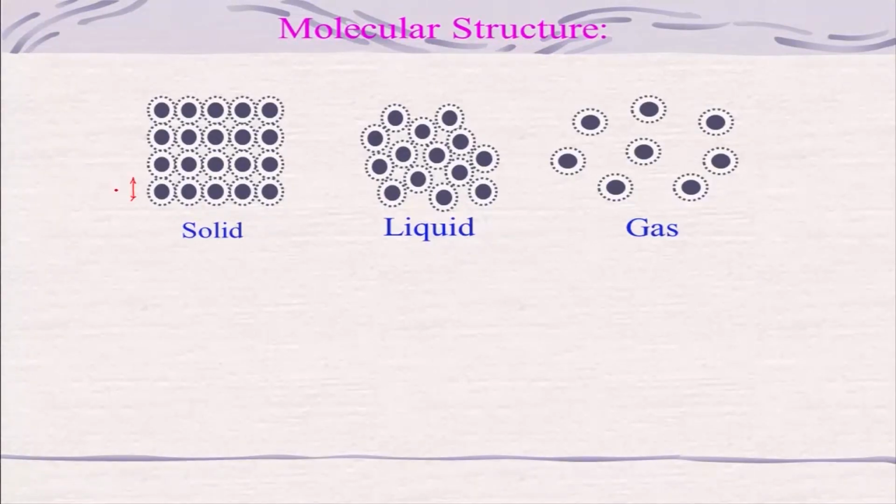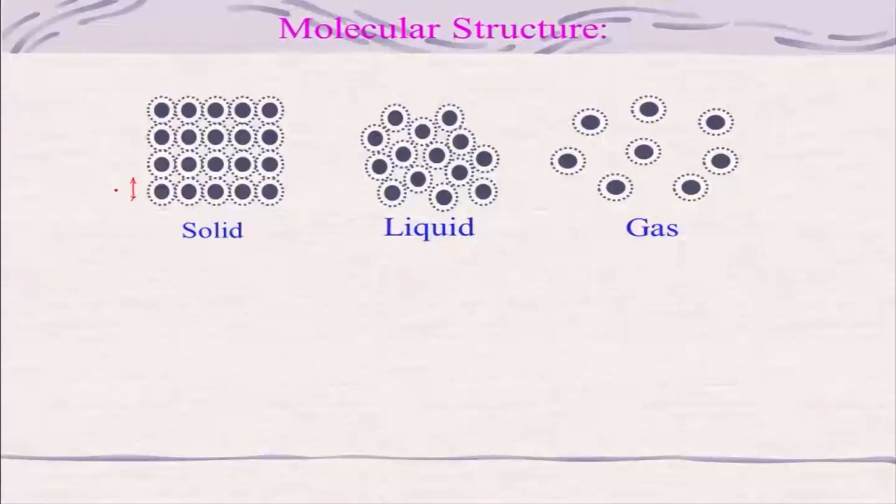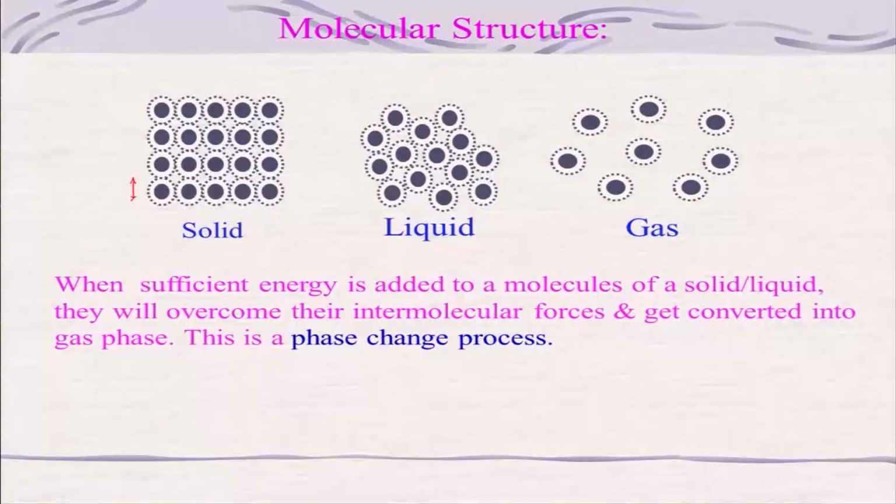Whereas in the liquid, the molecules will be together but not in a particular lattice structure, bound by the other molecules. And in the gas, the molecules will be far apart from each other and may collide with each other, but there will be some forces existing between the molecules in the gas as well. So when sufficient energy is added to the molecules of a solid or a liquid, what will happen?